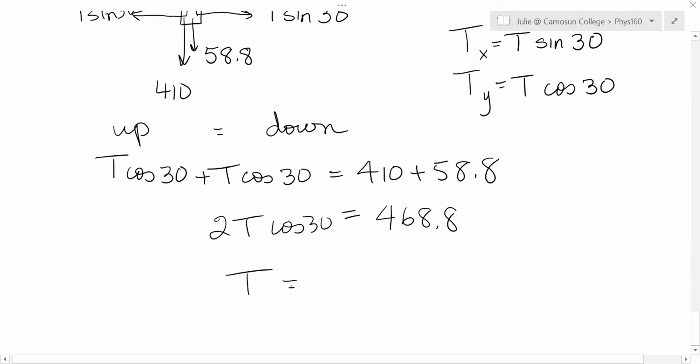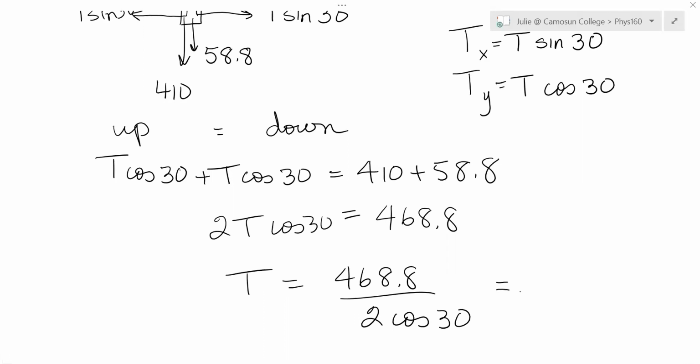And so T would be 468.8 divided by 2 cos 30. And that would be the tension in both those ropes. And that works out to 271 newtons. Okay, so that's the answer.